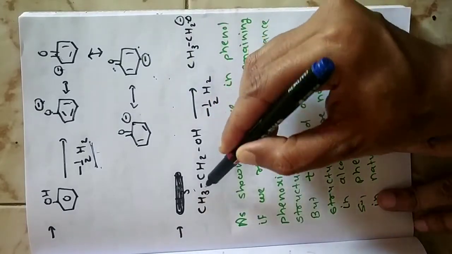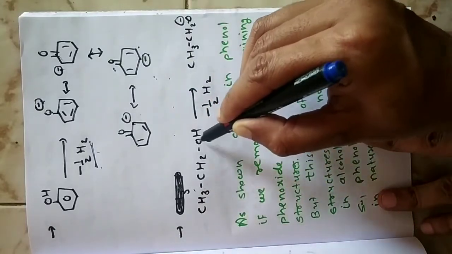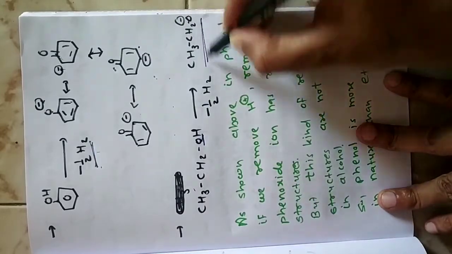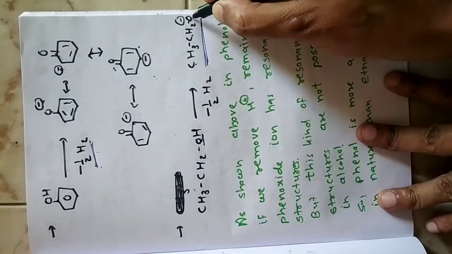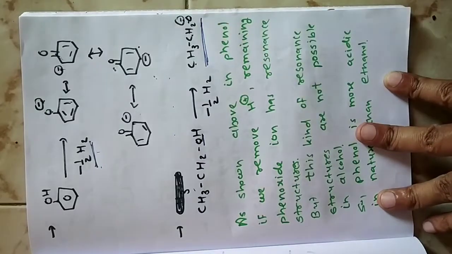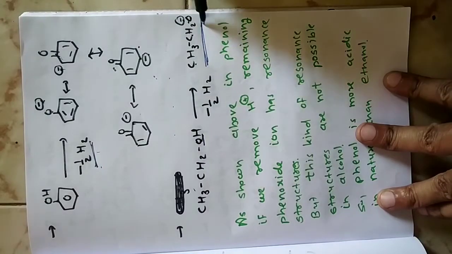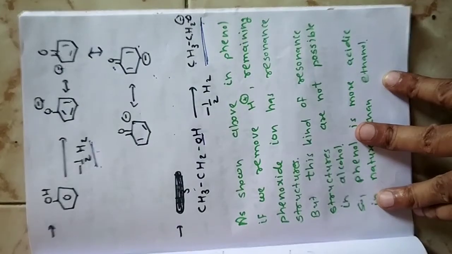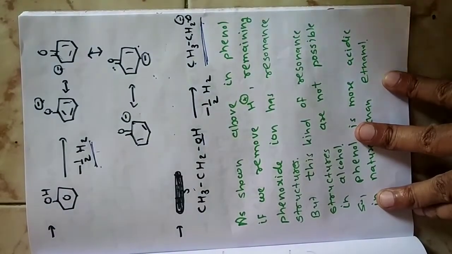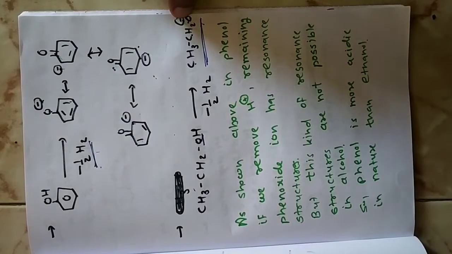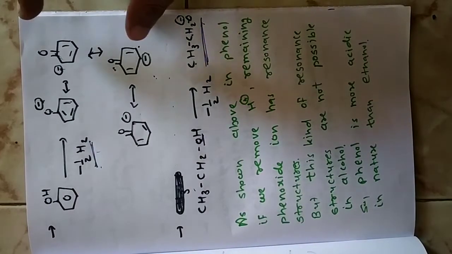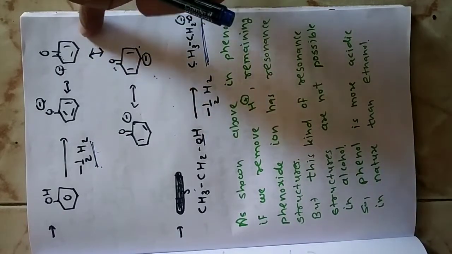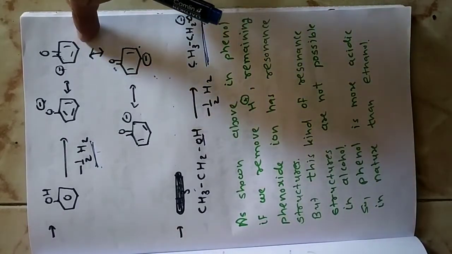Now if I remove hydrogen in the same way from ethanol, what will happen here? We'll get this negative ion, CH3CH2O minus, which is an alkoxide ion. This alkoxide ion does not have any resonance structure. So the phenoxide one has resonance structures, so it is more stable and more acidic.